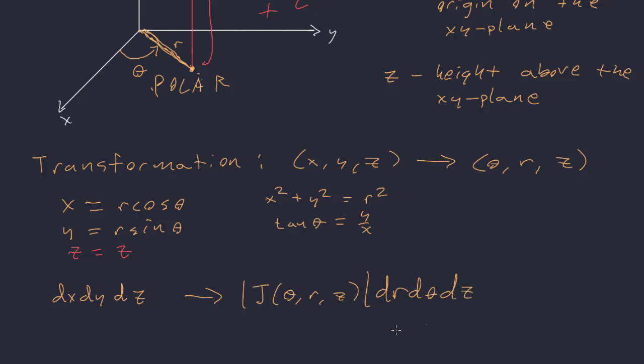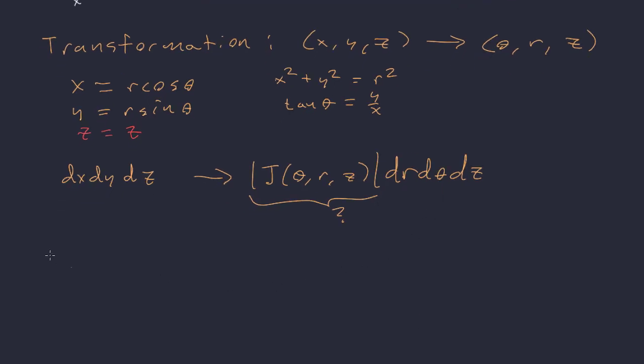That's typically the order we want this to go in. Okay, so let's calculate the Jacobian for this particular transformation. Okay, so the Jacobian in terms of theta, r, and z, right, this is going to be the partial in terms of x, y, and z with respect to theta, r, and z.